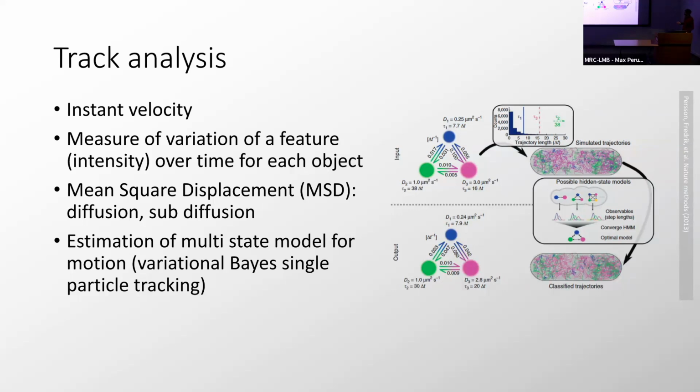Then you have a hidden Markov model, which says I have a probability of changing from one state to another, and these transition probabilities are estimated at the same time as the parameters. And then you can classify the kind of motion you have in your cell.